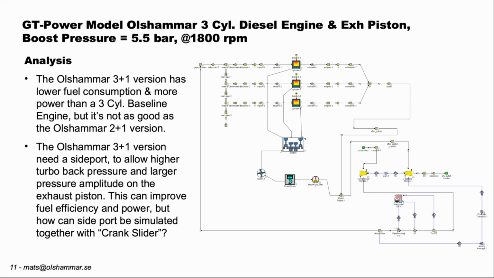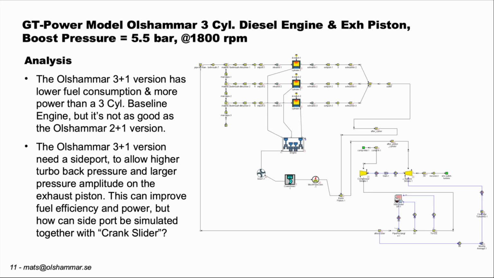With the side port added, we can get a much lower pressure in the valleys in between, and that will allow us to have more back pressure from the turbine, and more back pressure from the turbine will allow us to increase the peak value of the pressure as well. So we will have a much higher pressure difference between the peak and the valley, and that will give us much more energy to the exhaust piston.